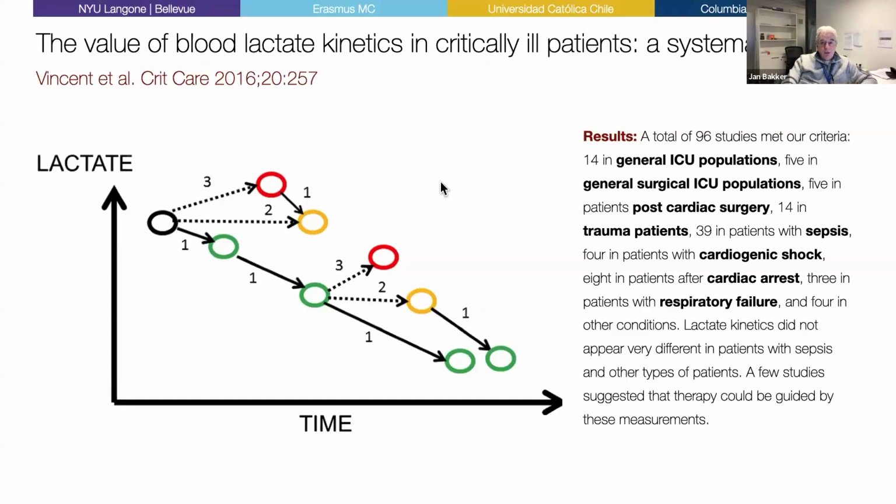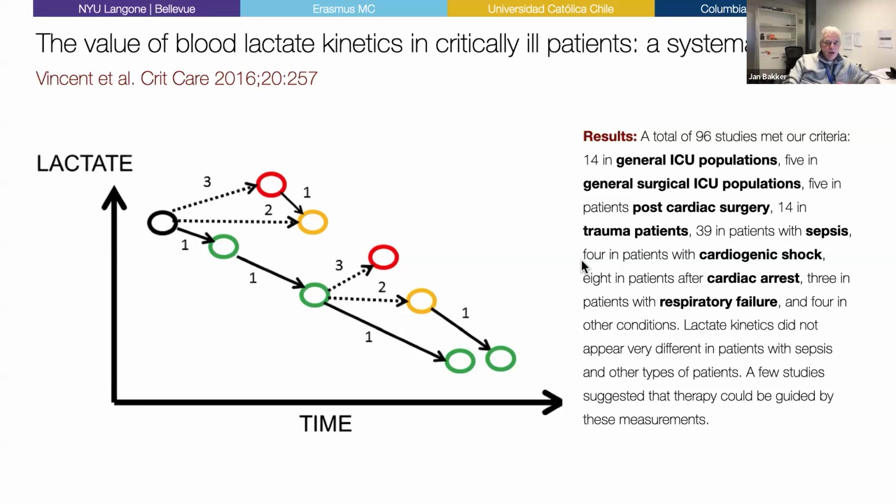Now, the other side is, what if lactate decreases? Some time ago, Jean-Louis Vincent reviewed the literature and looked at all the studies that had at least 2 measurements of lactate, and then looked at what's the effect of changes in lactate.